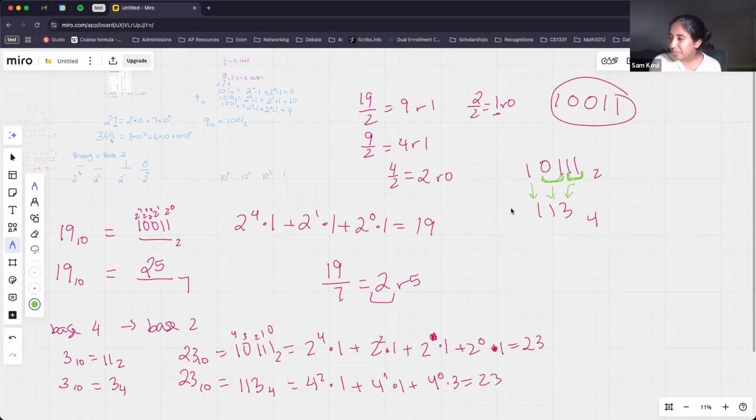So for example, if I have 132 in base 4, can you guys predict what this would look like in base 2? How can I write these last 2 digits first? How can you write 2 in terms of base 2?